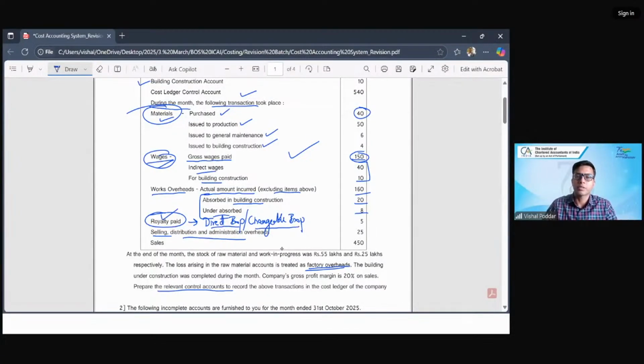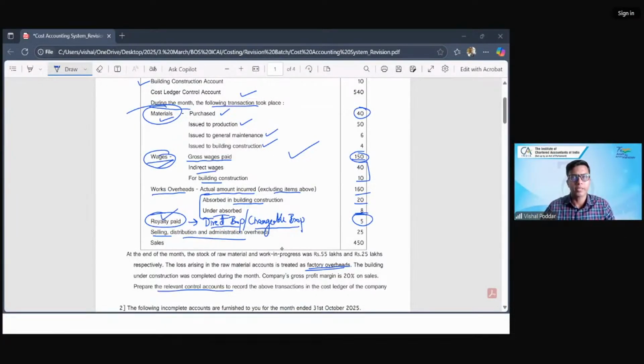Now, in all these cases, what is to be done of direct expense? As you see, in our cost accounting format, we are not opening a separate account for direct expense. Why are we not opening it? For two reasons. Reason one, in all sums of costing, whether it is cost sheet or cost accounting, you will find that direct expenses appear hardly in 25% of the questions. 75% do not have this direct expense, because in practical costing also, direct expense may not be there, because the majority of your expenses are either material, labor, or indirect, which is overheads.